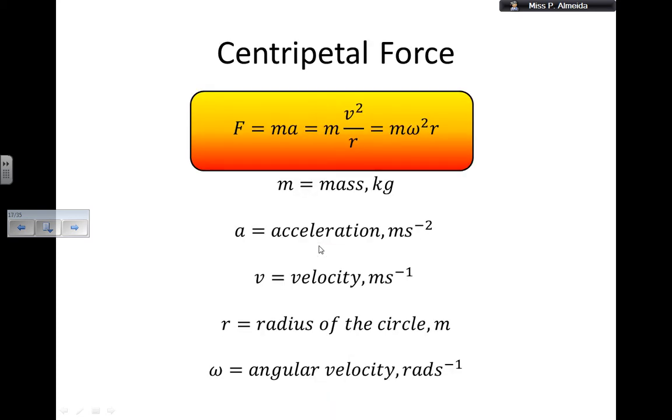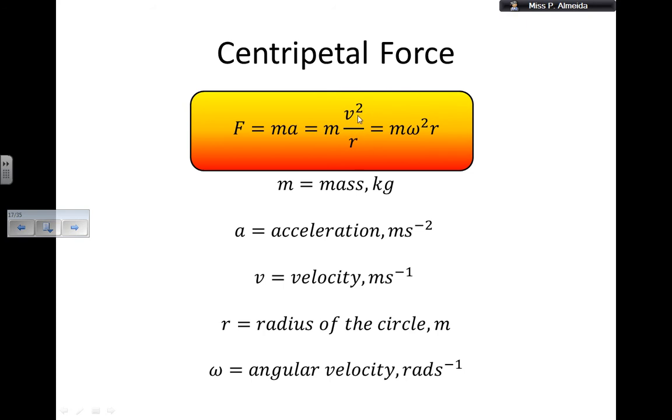Now, as I told you, F equals ma, that's Newton's second law, right? So I can now write the centripetal force in terms of the centripetal acceleration and in terms of the angular velocity. Since F equals ma, then F equals m times v squared over r, which is the centripetal acceleration.